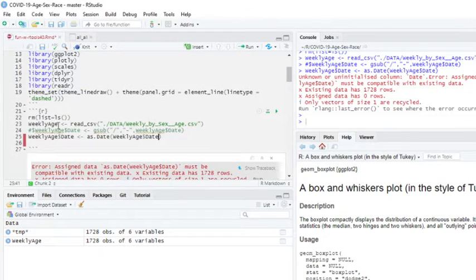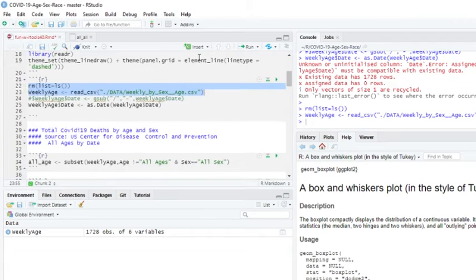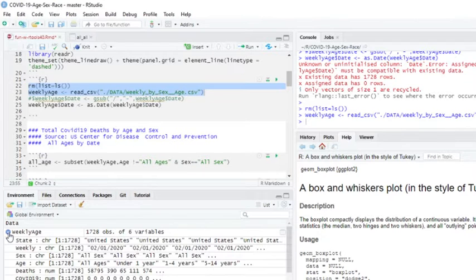Okay, so let's run these two lines here first. Okay. Oh, I thought I fixed that.